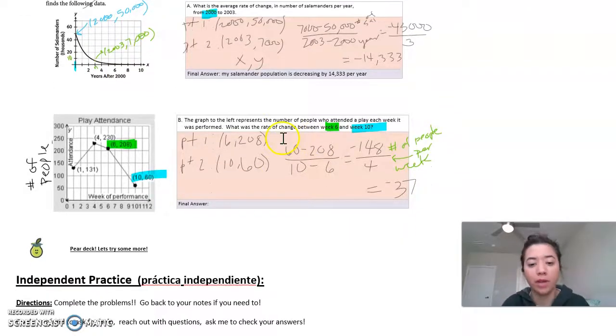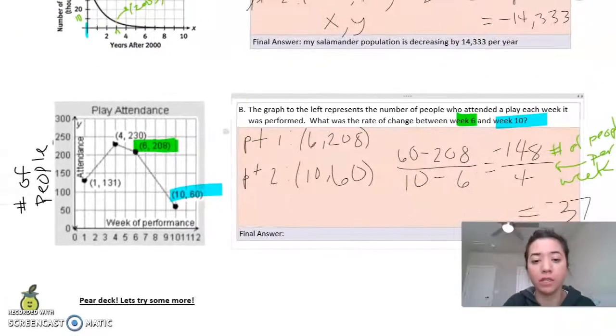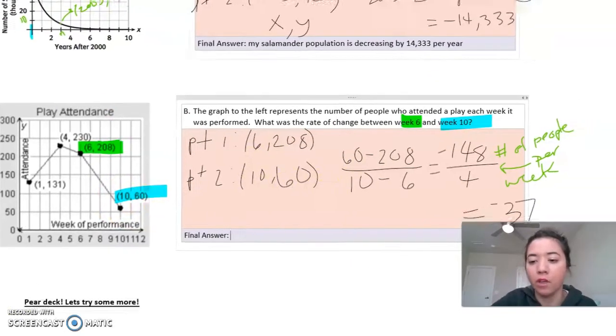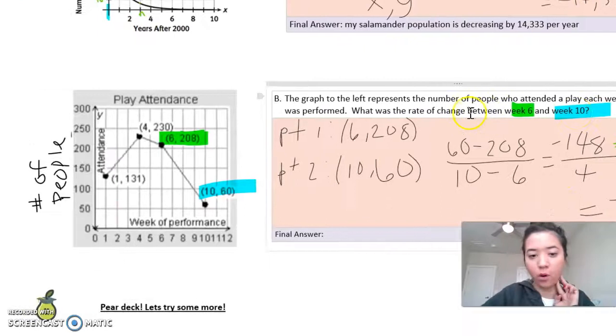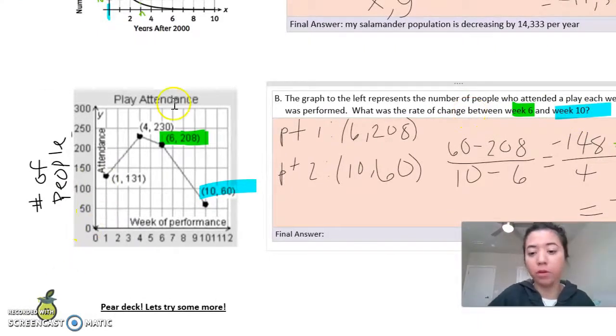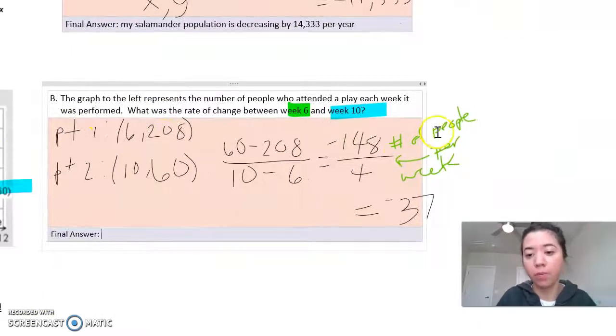All right, so once we have this set up, we had week 6, which was right here at 208, and then week 10, 60 down in here. 60 minus 208 gave me negative 148, and then 10 minus 6 is 4. And again, our y was number of people, and the fraction means per week.